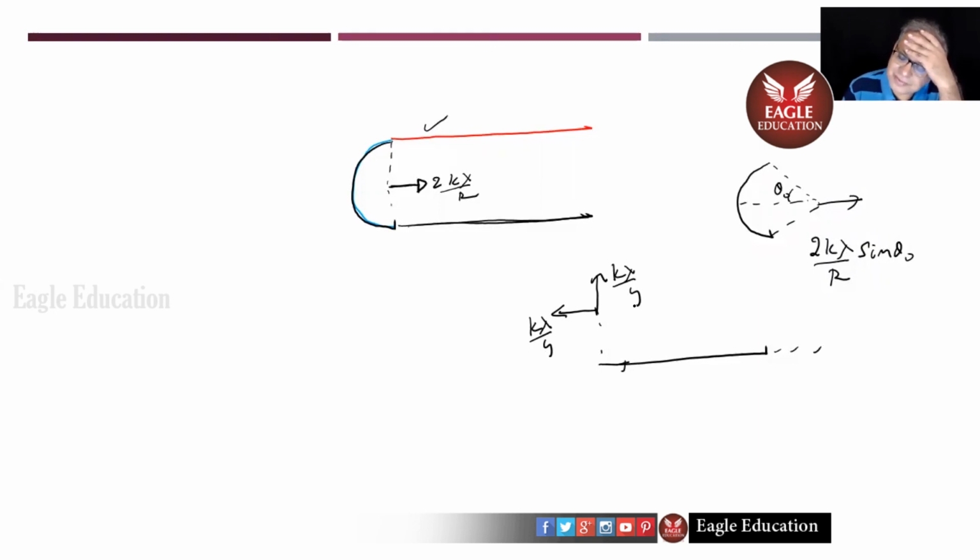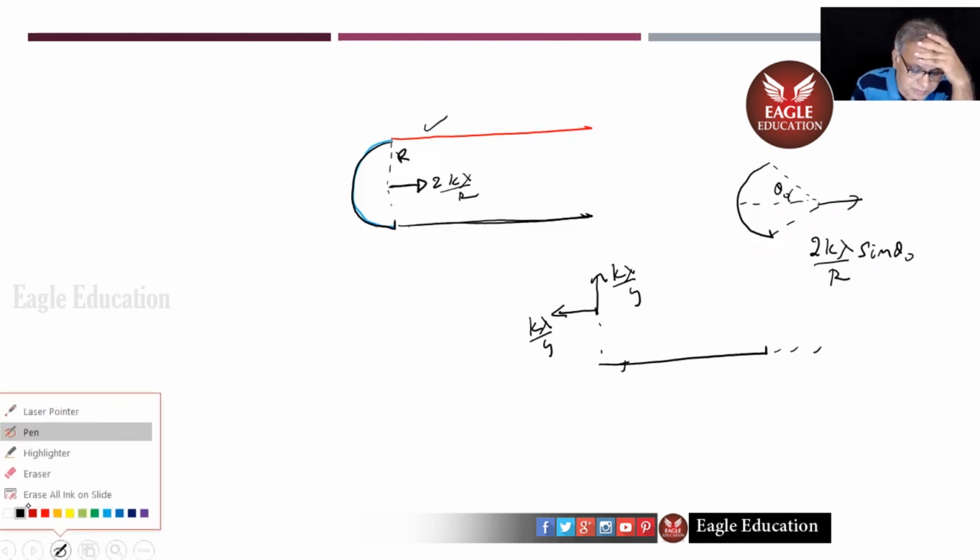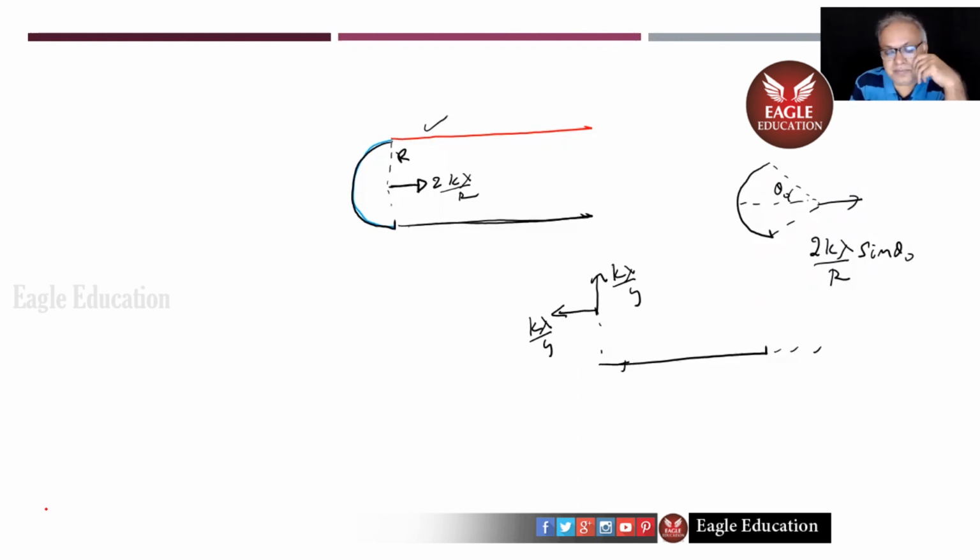So this is one wire like this. How should I put y here? Of course, r. So how should I write both the components? Tell me. This is k lambda by y, that is r. And the other thing is this one, k lambda by r. Now, because of this, at this point, tell me.